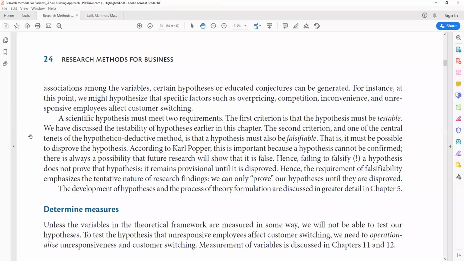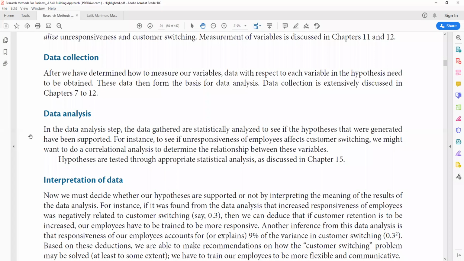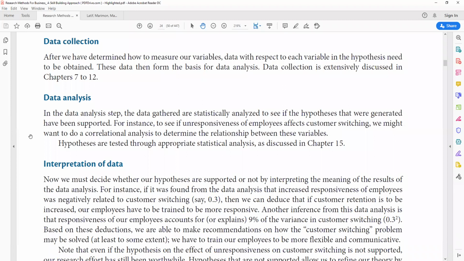Now the next step is, once you have identified the measures for your variables, once you have identified how you are going to measure your variables, how you are going to assess whether there is servant leadership in the organization or not, whether or not people are satisfied with their career, whether they are satisfied with their lives or not, the next step is collecting the data.